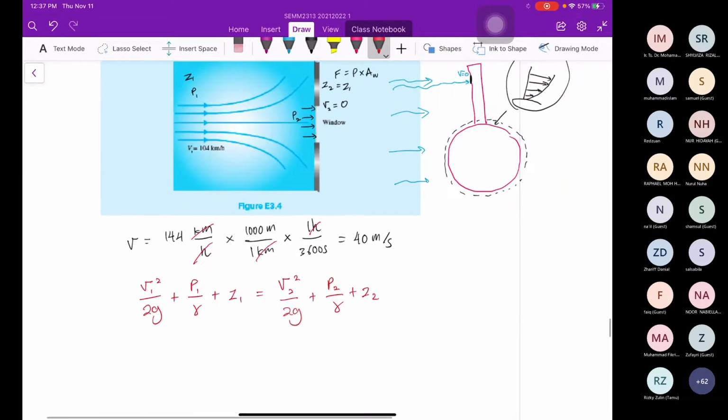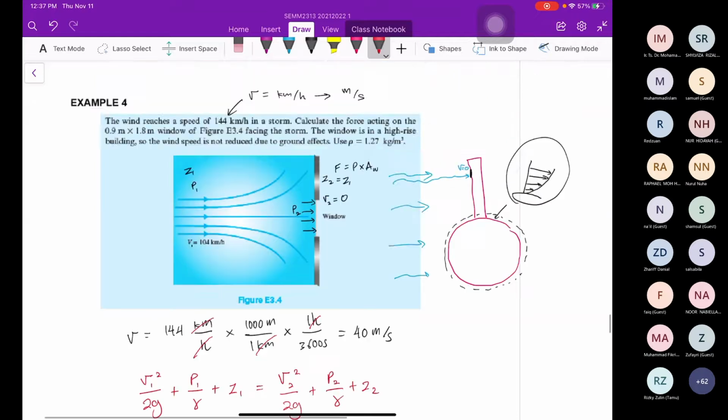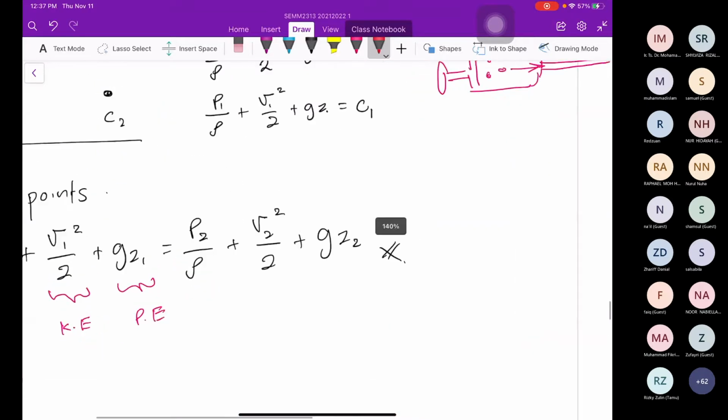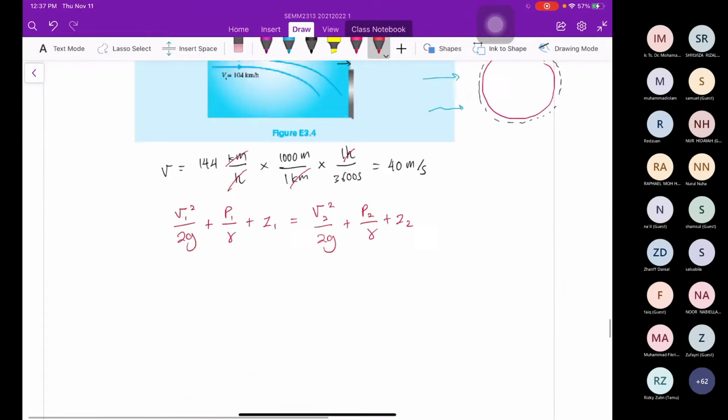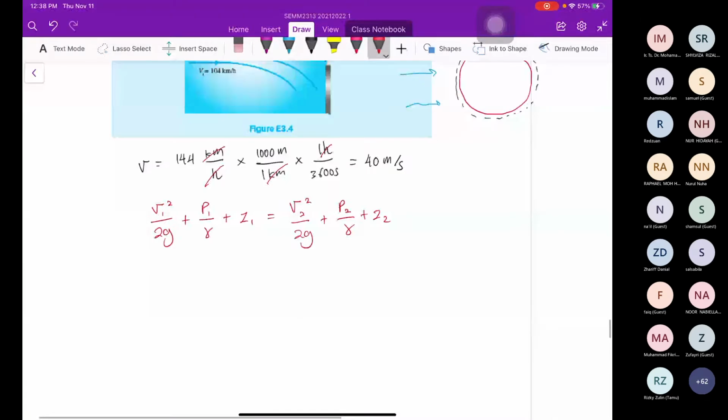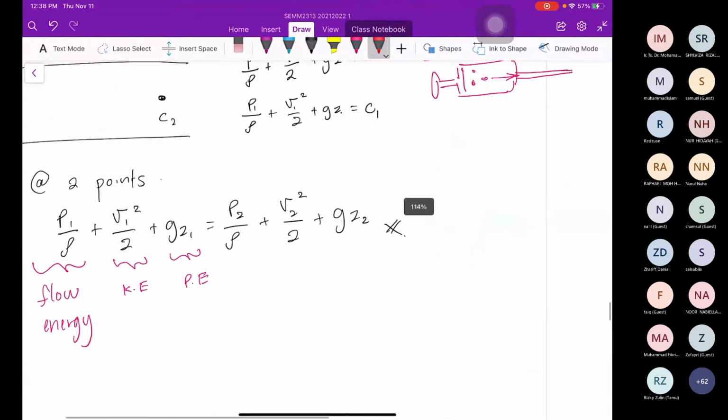Okay, you notice that there is a difference. The previous one we derived in a different way. Why do I use a different formula? Basically, it is the same thing. Why?